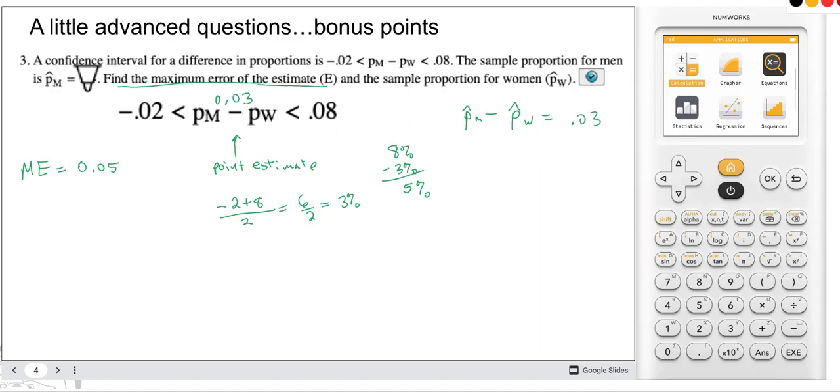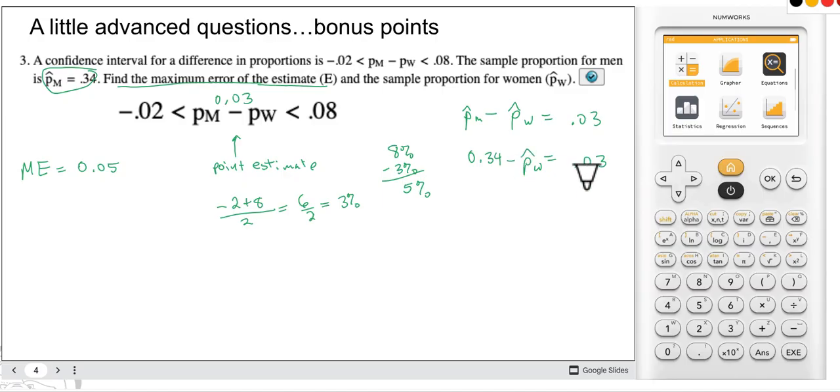We know the sample proportion for the men is 34%. We have enough information here. So what do you subtract from 34 to get 3? You could think, well, that's going to be 31%.